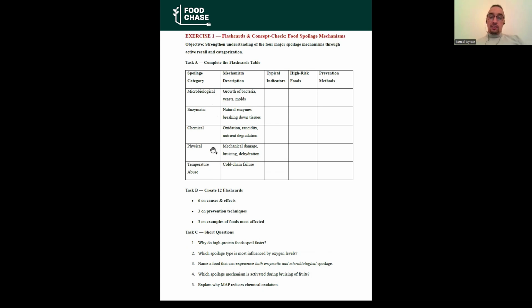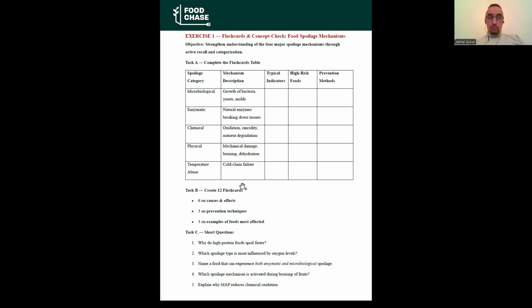The objective is to complete this table and for each category, write the cause, the spoilage, typical visible sign, high risk food, and then preservation method for each category.